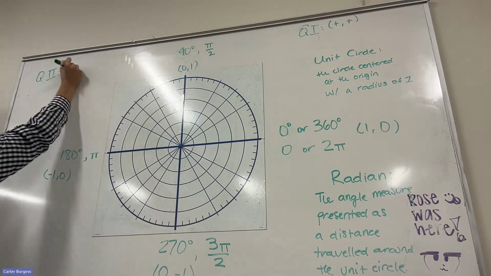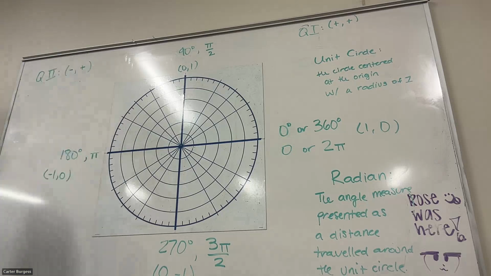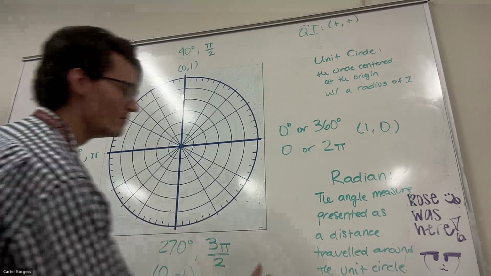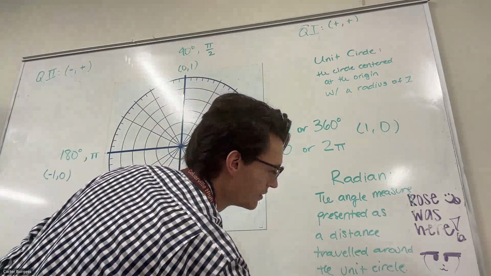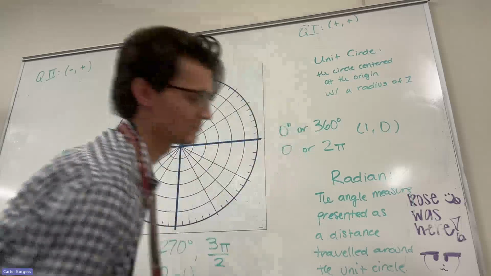Negative x's, positive y's. What about quadrant 3? Both will be negative. And in quadrant 4, positive x, negative y.